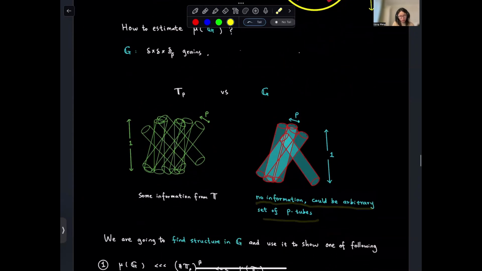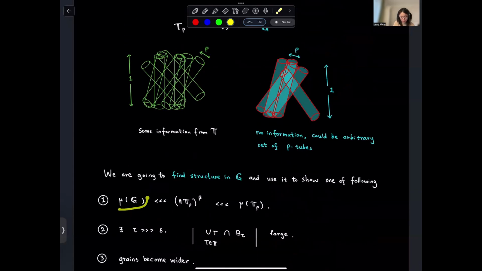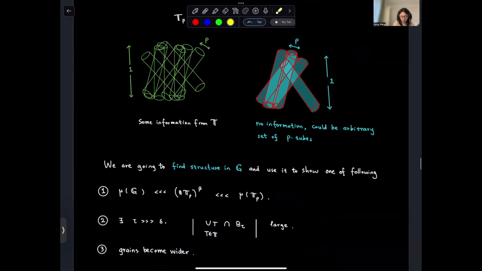So what we are going to do is find some structure in the set of grains and use it to show one of the following. Either the multiplicity of grains is very small and we win, or there exists a small scale tau such that the set of tubes has a large local density in, let's say, the ball of radius tau. And then we can apply some thickening argument to scale tau.